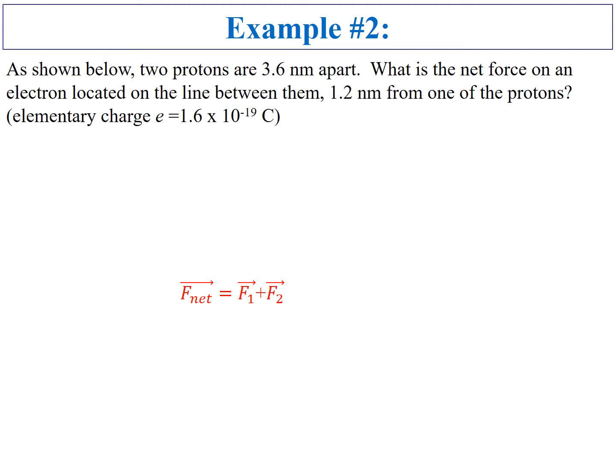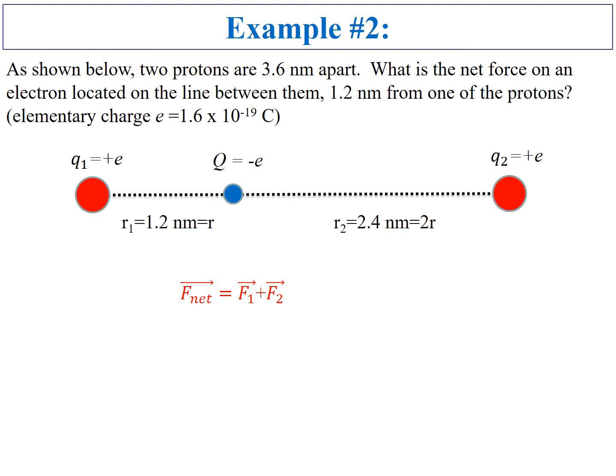So F net is F1 plus F2. Q1 is plus e, Q2 is plus e, and we placed Q, which is an electron, at a distance of 1.2 nanometers from Q1. If the total distance between Q1 and Q2 is 3.6 nanometers, then the electron is 2.4 nanometers from the second proton.